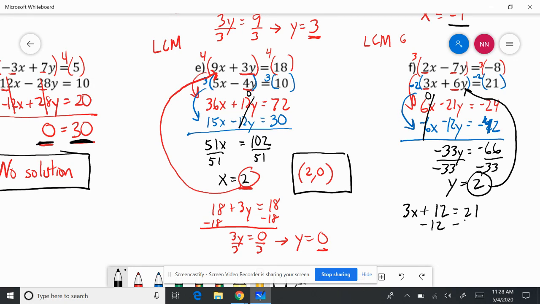I subtract the 12. 3x is equal to 9. So when I divide it by 3, I get x is equal to 3. Remember, my answer is an ordered pair. X comes first, y comes second. So my ordered pair is 3, 2.